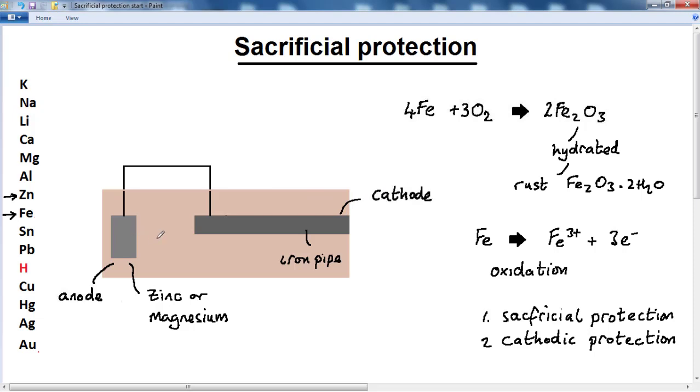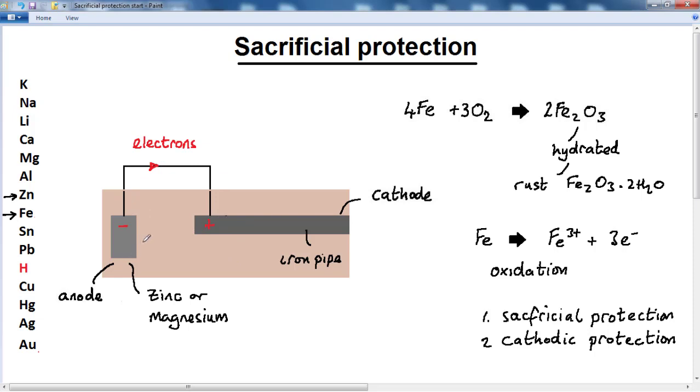In this symbolic diagram they're connected via a conductor. The anode is going to acquire the negative charge, while the cathode, the iron pipe, will acquire the positive charge. Electrons will be pushed from the more reactive metal, the zinc, to the iron pipe, the less reactive metal.